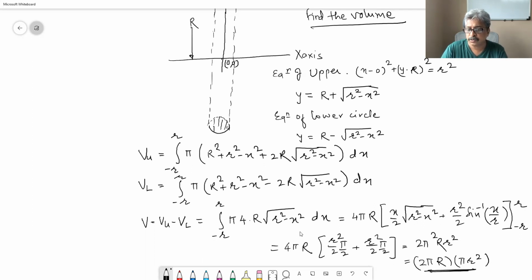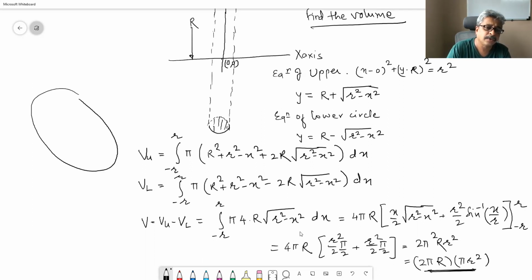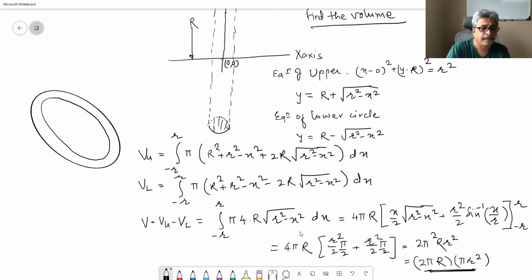So you can say that if the circular tube, this is circular cross section, it's cut at one point and made straight, something like this, and then measure the volume of this cylinder, then it is one and the same.